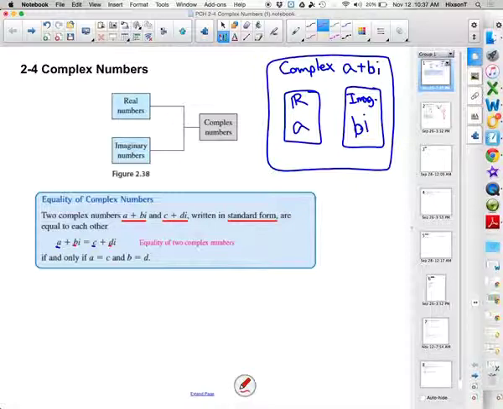Now this is kind of a simple concept. I mean, in order for 3 plus 2I to equal another complex number, the other complex number has to be 3 plus 2I. That's simple in concept, but it's really easy to forget when we get to actually solving problems.